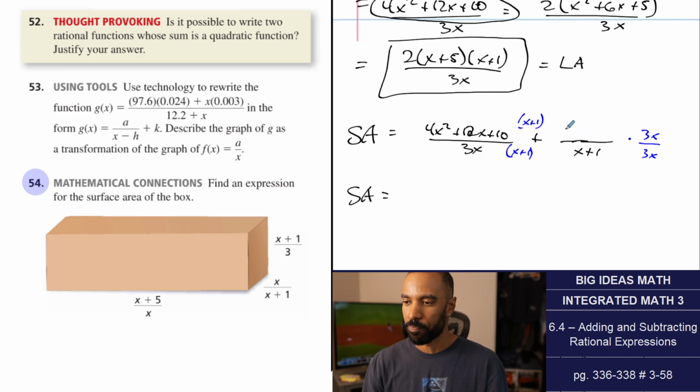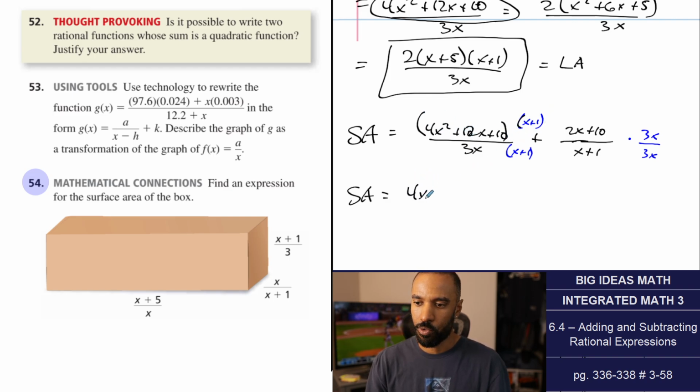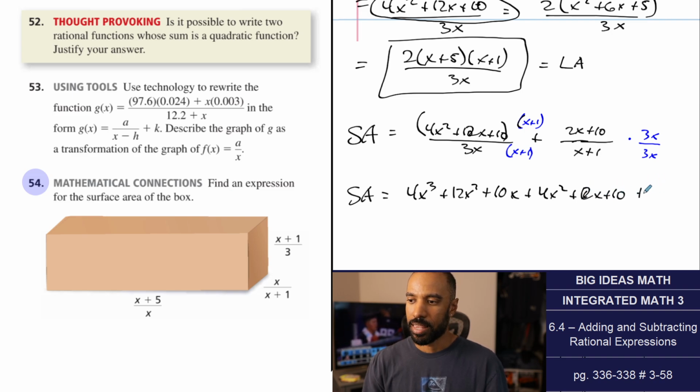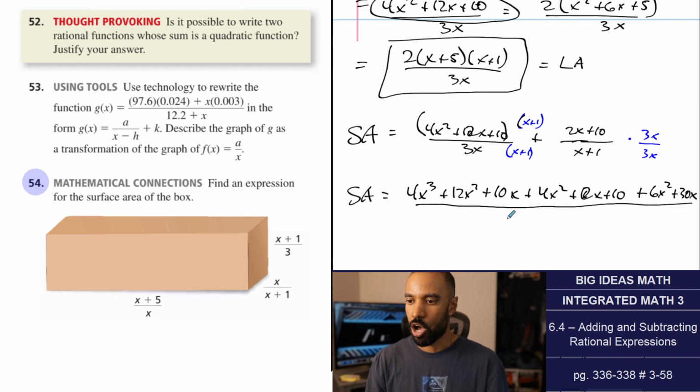And this is 2x plus 10 when you distribute the 2 with the x plus 5. So 4x squared plus 12x plus 10 times x plus 1 is 4x cubed plus 12x squared plus 10x plus 4x squared plus 12x plus 10. And then 3x times those two things are 6x squared plus 30x. And this divides all by 3x times x plus 1.